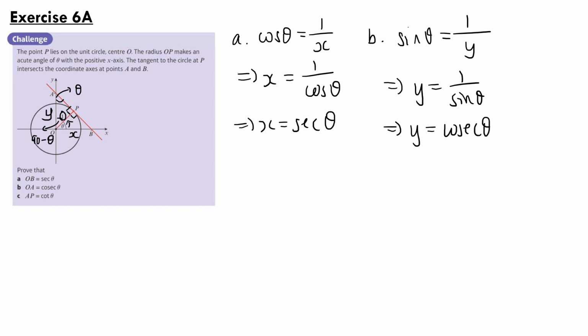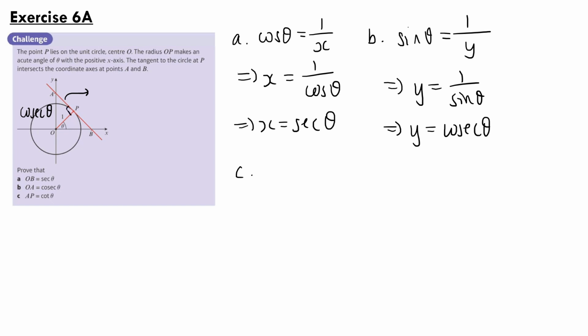And finally, for part C, we need to prove that the length AP equals cot theta. So we know that the length OA is cosec theta now. To find the length AP, we can now use Pythagoras on the triangle OAP.